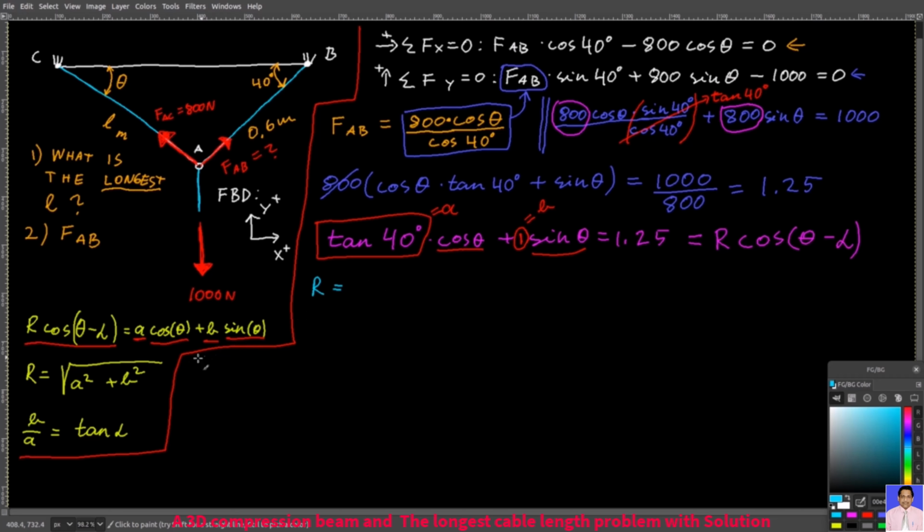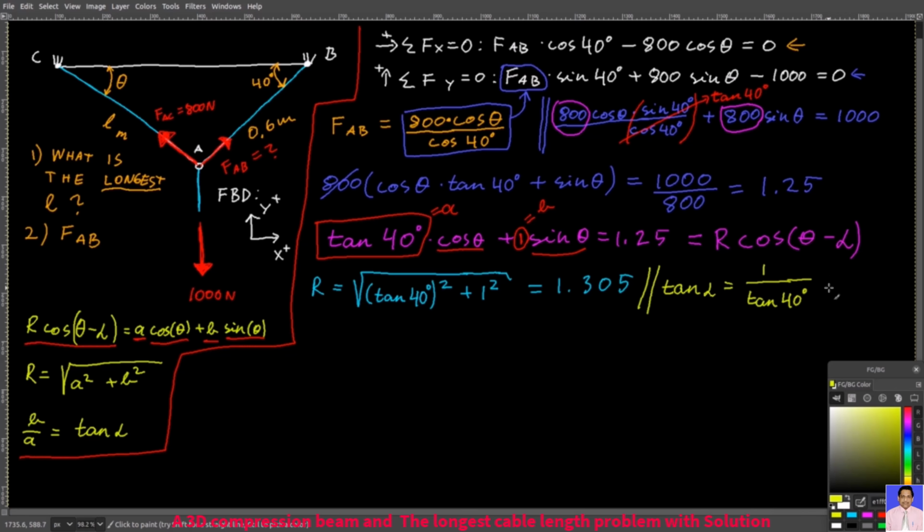Then you know what R is. R equals square root of a squared plus b squared, so tangent 40 degrees squared plus 1 squared. If you calculate that, then it equals 1.305, because remember, you don't have any unknowns here. These are just numbers. And then you can use this relationship to find your alpha. So you know that tangent alpha equals b over a, which in this case is 1 over tangent 40 degrees.